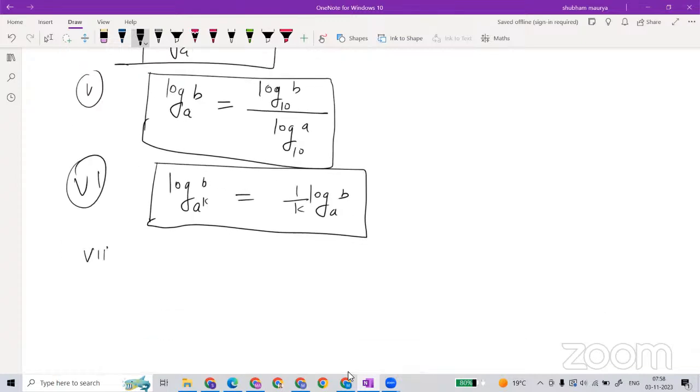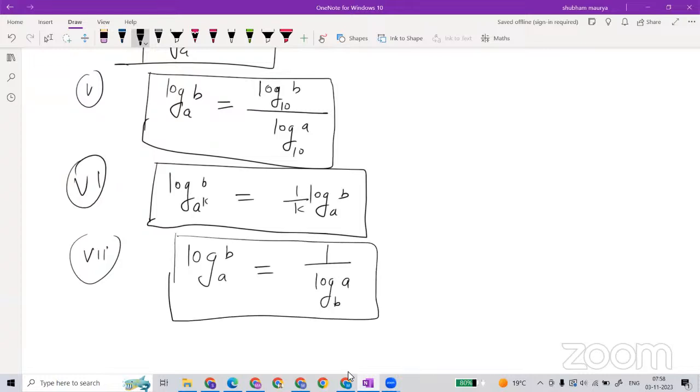And seventh one is that log of b with base a could be written as another base change, but this is log of a with base b. You can use this one as b as a base and a as a function value, that output. These are all important properties.